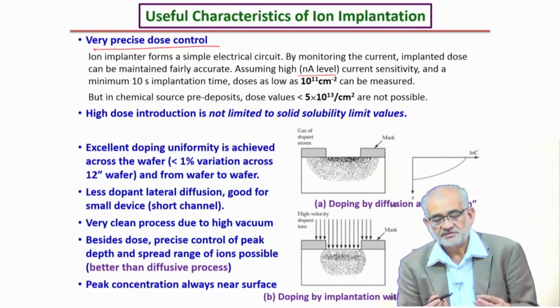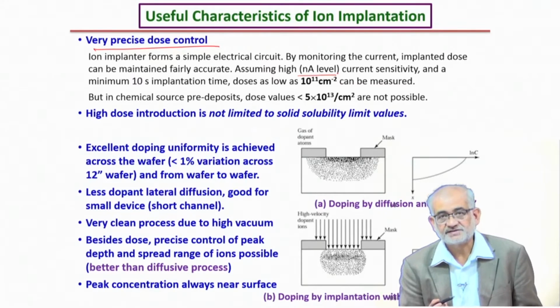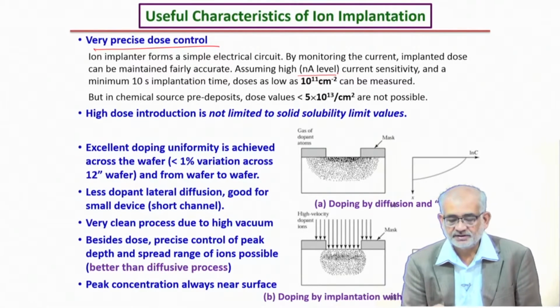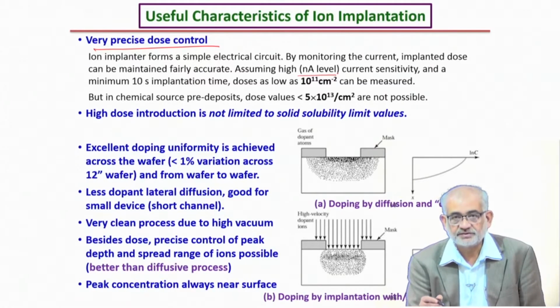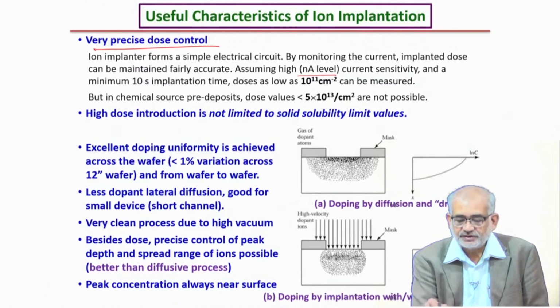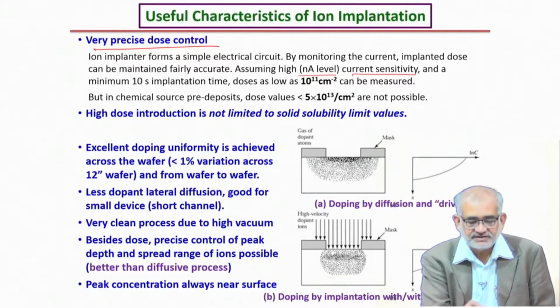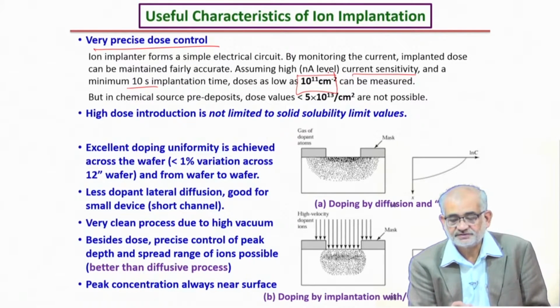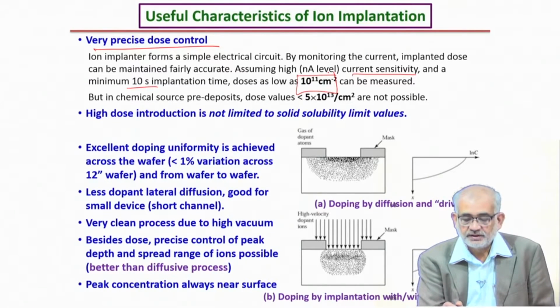Before the ions are incident, you can calculate the concentration of ions passing through the lenses, and that's how you can project the current, or the total number of ions being incident. So assuming reasonably high current sensitivity and a typical 10-second implantation time, you can control the dose to a fairly small, precise level of 10^11 per centimeter square. On the higher side, it can be 10^16 per centimeter square or so. So you can control the dose from very low to very high.